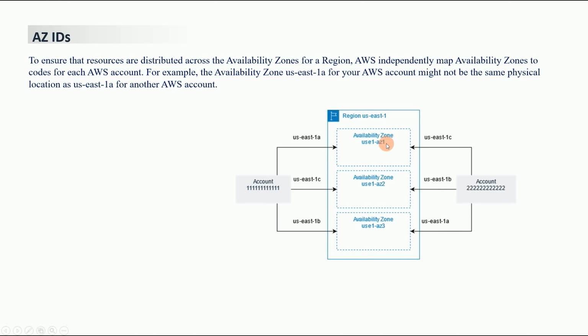For this account, the exact physical location is this one, AZ ID use1-az1. And for another account, this is different, this is us-east-1c. So basically, for the same physical availability zone, the code for a particular account could be different from another account. This is for your understanding, and it can be verified by AWS support.